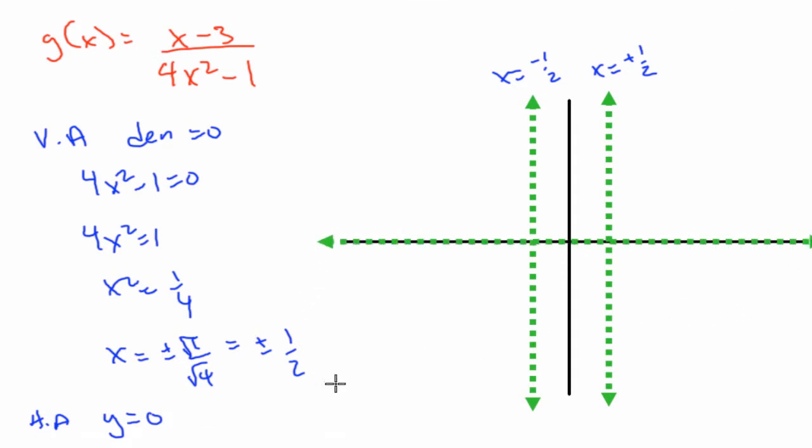Now, the function can cross the horizontal asymptote. That's not a problem. But we know as x gets big negatively or big positively, it starts to follow that line there.